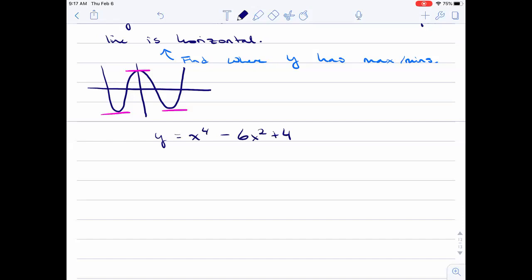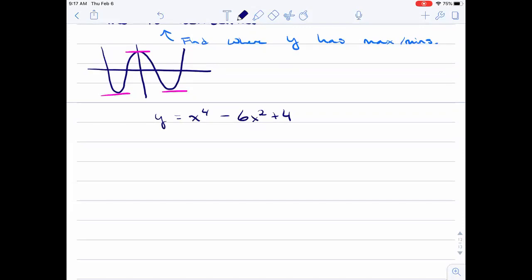We need to find where y prime equals 0. So that means we have to find the derivative of y, which we can also denote dy dx.